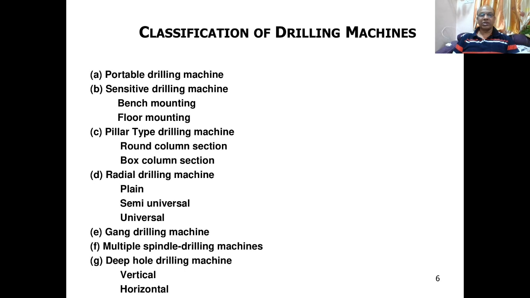The fourth category is the radial drilling machine. Under the radial drilling machine we have three types: the plain, semi-universal, and universal drilling machine. Another classification is the gang drilling machine. Then the next is the multiple spindle drilling machine, and the last one is the deep hole drilling machine.